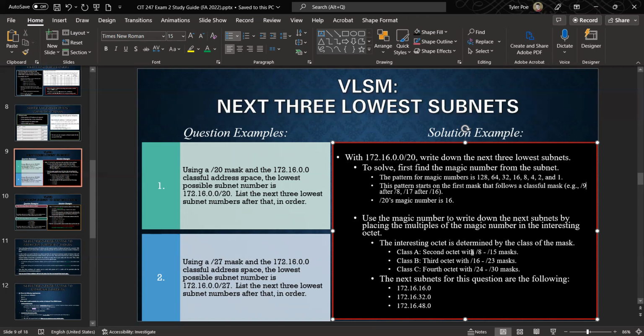If it is a class A address, the interesting octet is going to be the second octet. For a class B address, the third octet is going to be interesting, and for class C, the fourth one is going to be interesting. /20 comes between /16 and /23. Therefore, it's class B, and the third octet is going to be interesting. So we just take the magic number, which is 16, and write multiples of it: 16, 32, 48.